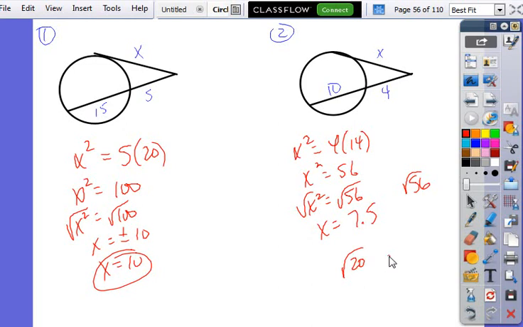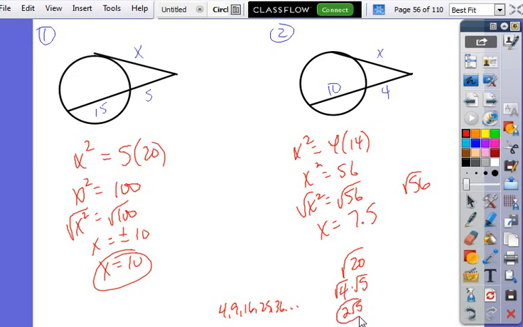Squares are 4, 9, 16, 25, 36, and so on. I want to find the biggest square number that goes into 20, and it's 4. It's 4 times 5. So I'm going to rewrite the square root of 20 as the square root of 4 times the square root of 5. What's the square root of 4? 2. So this is really 2 square root of 5.